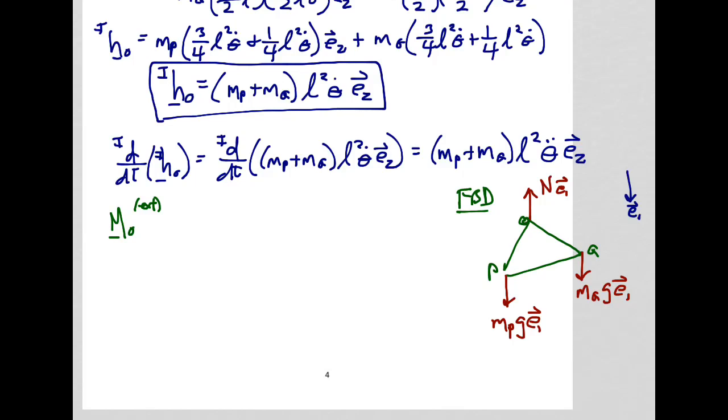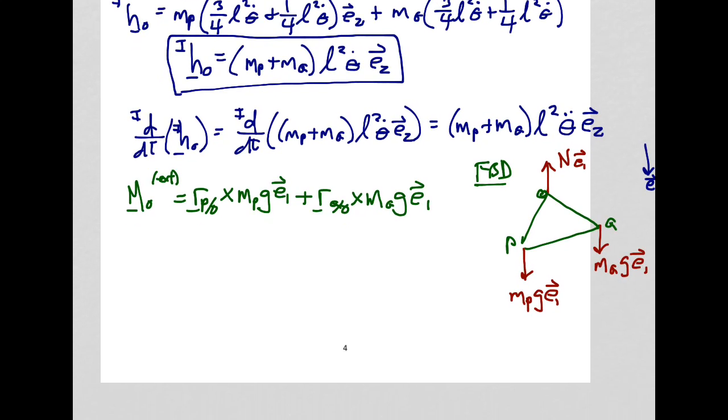Now the only forces on this free body diagram that create a moment about point O are the force due to gravity on point P and the force due to gravity on point Q, or on mass P and mass Q. So we write this out as R of P with respect to O crossed with MP G in the E1 direction, and then plus R of Q with respect to O crossed with MQ G in the E1 direction.